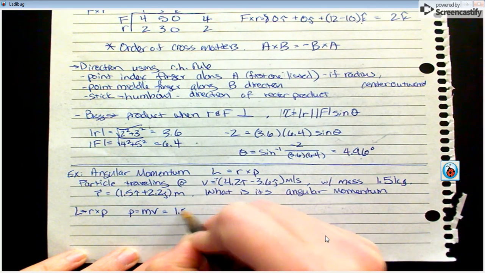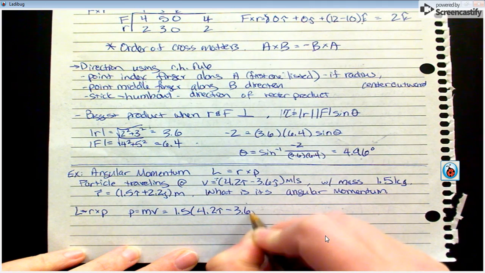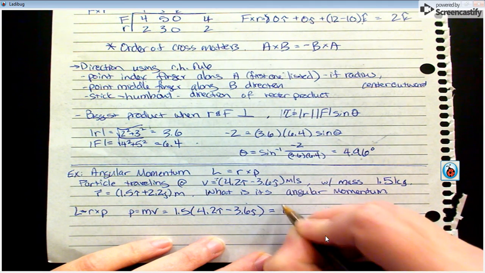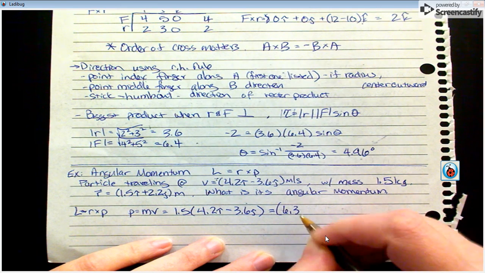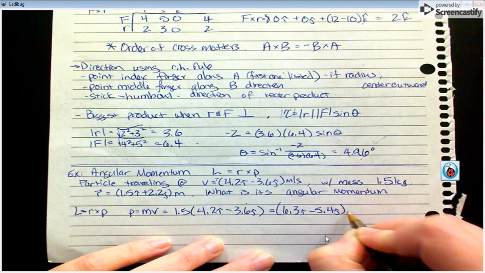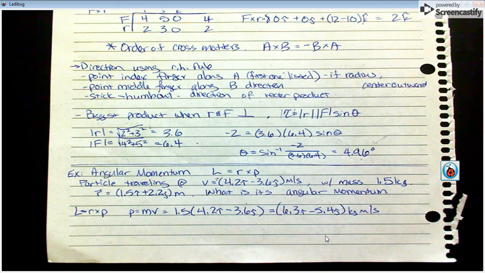I can take my mass times velocity, and I get a momentum of 6.3 i hat minus 5.4 j hat kilogram meters per second.